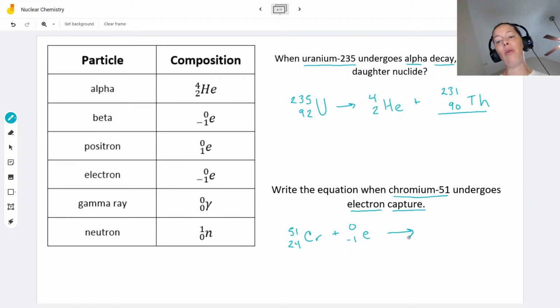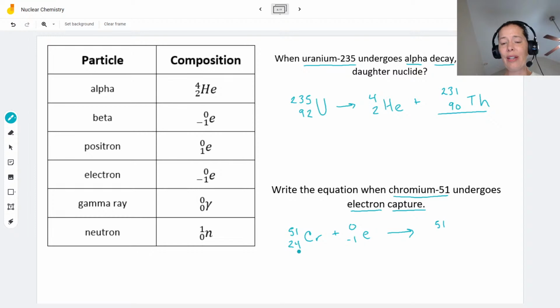And now we are going to predict products. All right, so again, in our previous examples, our reactant side was just one atom, and our product side, we added things together. But this is going to be reversed. We're going to add things together for our reactant side, and that's going to help us predict our product side. All right, so we have 51 and 0, which is just 51, which means on my product side, my mass number must be 51.